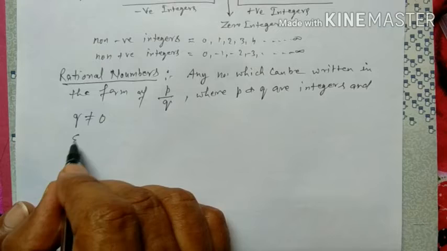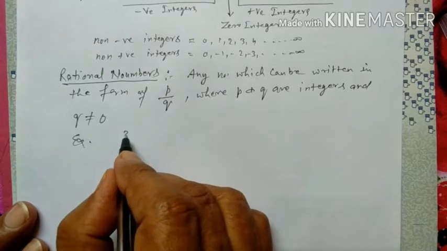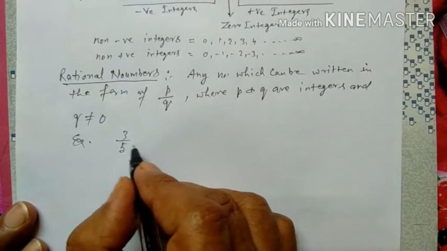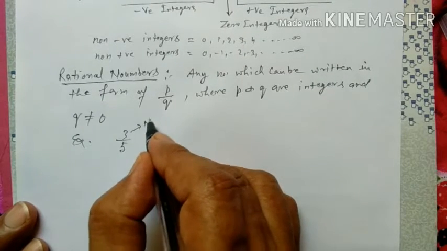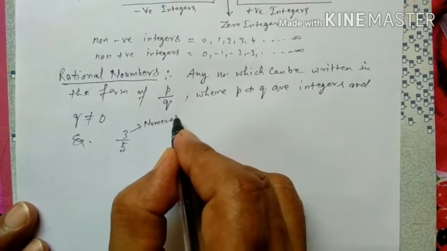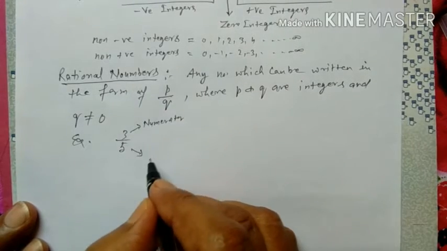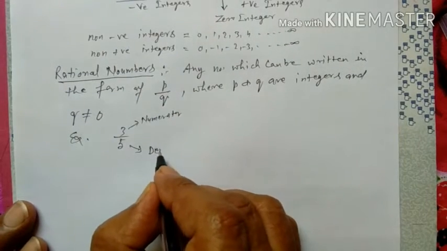For example, 3 by 5 is a rational number. This is written in the form of p by q. 3 is known as the numerator and 5 is known as the denominator.